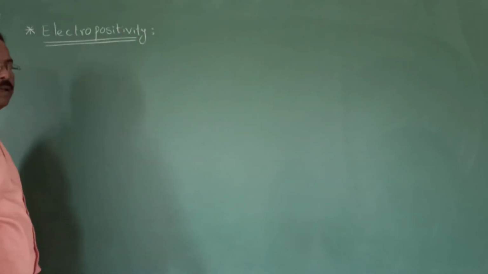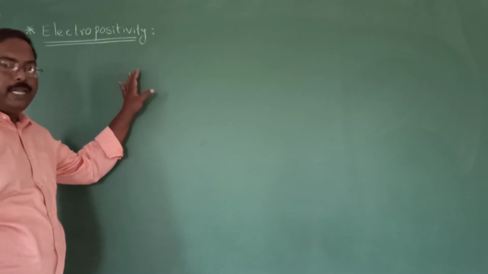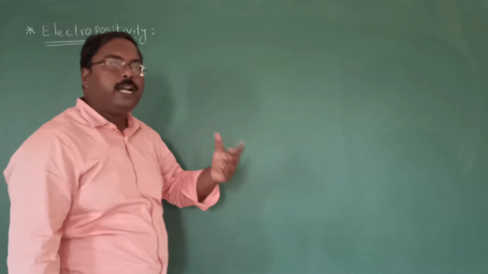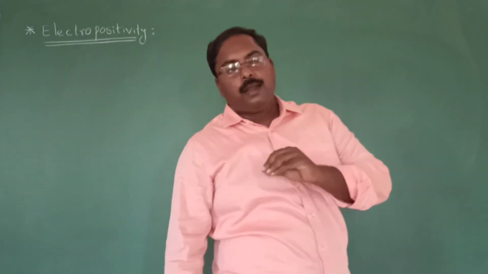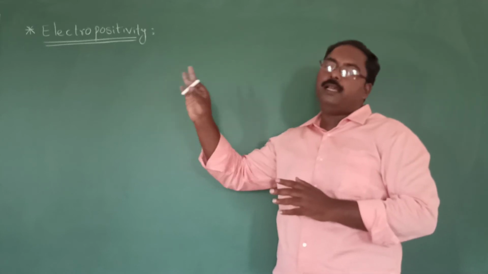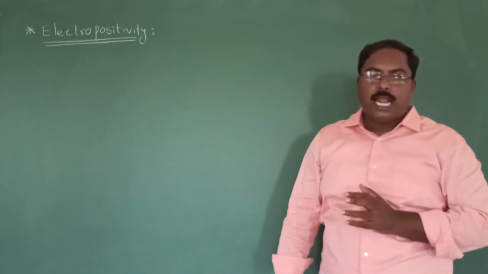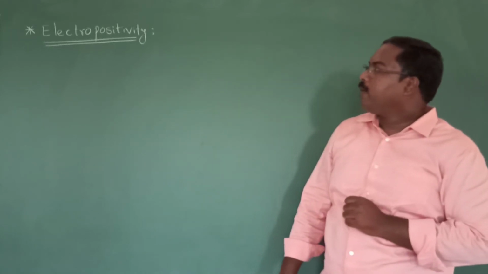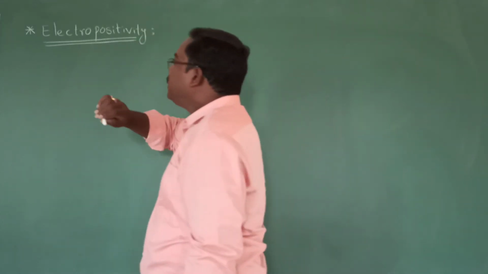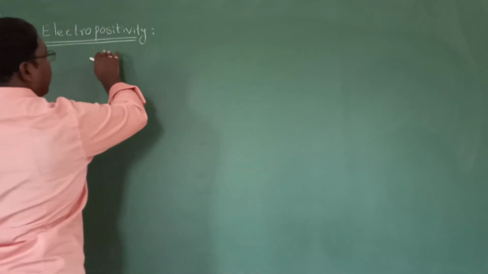So electropositivity as well as electronegativity are mainly related to ionization potential as well as electron affinity. Okay, so here electropositivity, first note the definition, then we will discuss in detail.